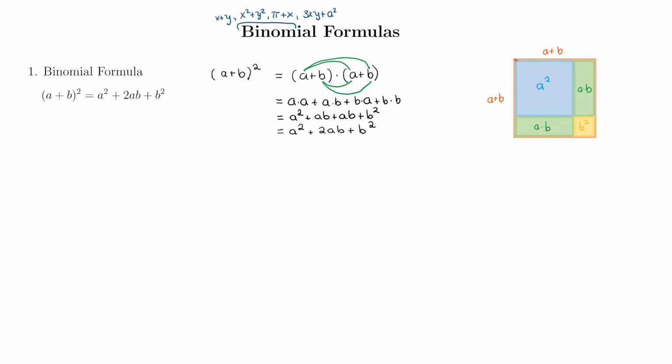So the area of this orange square, which is (a plus b) squared, is the same as all these rectangles inside, which is a squared plus 2 times ab plus b squared.